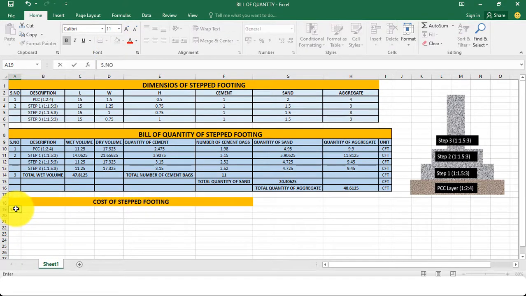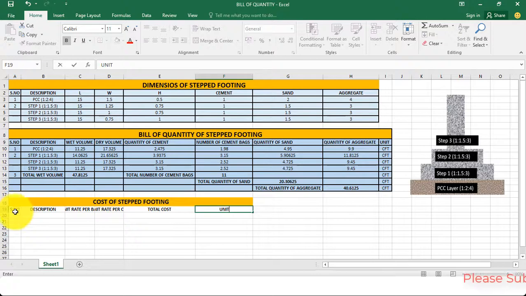Then here I will write description. Then here I will write unit rate per bag. Here I will write unit rate per CFT. Then here I will write total cost. And at last here I will write unit.